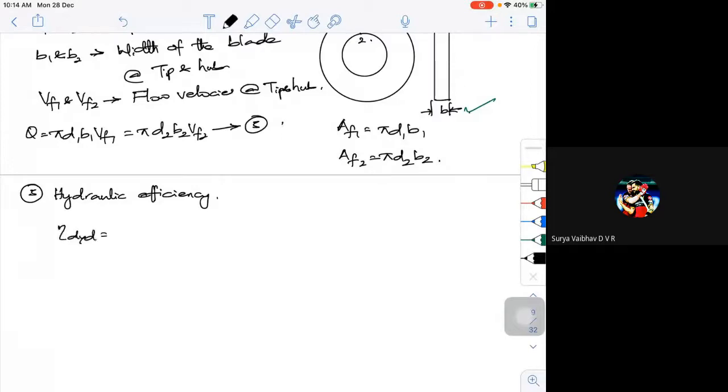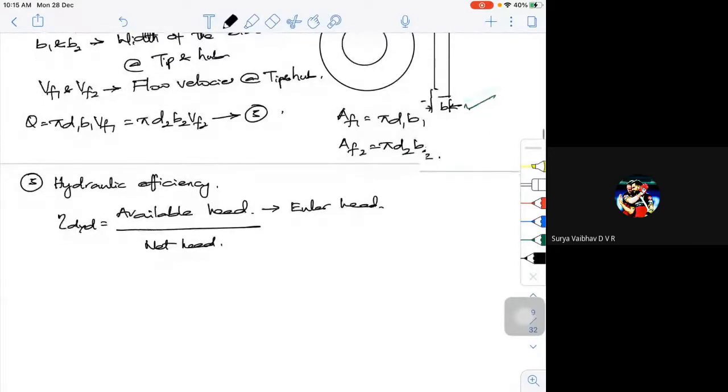It is the ratio of available head, available head of water, to the net head of water. What is available head actually? This is your Euler head. What is the net head actually? It is the head under which your turbine is working.